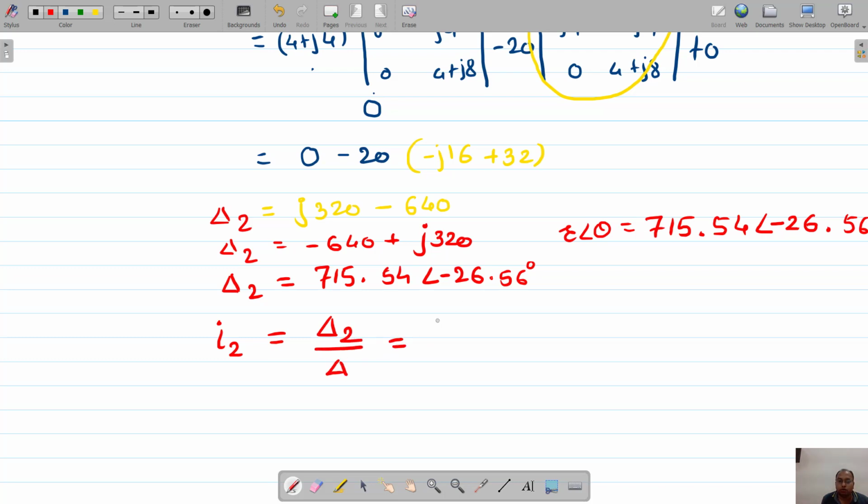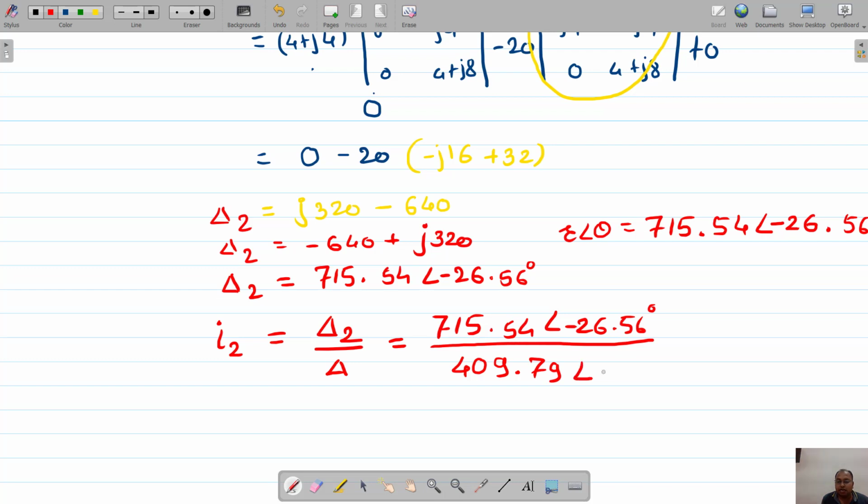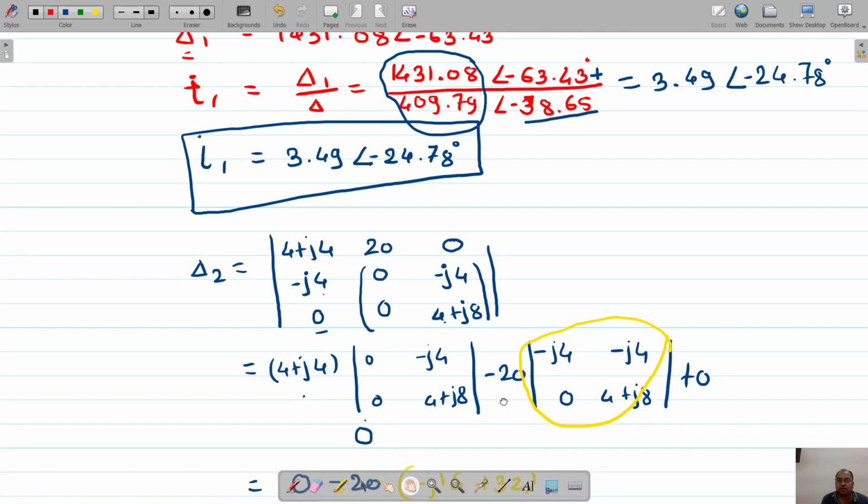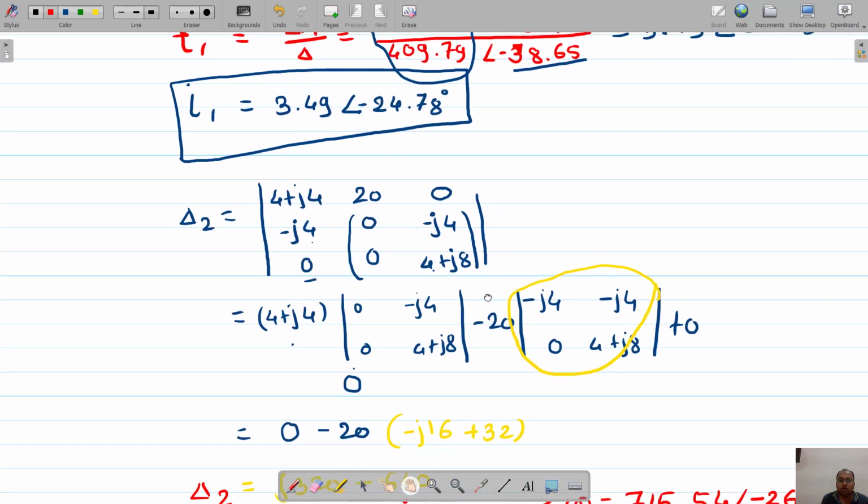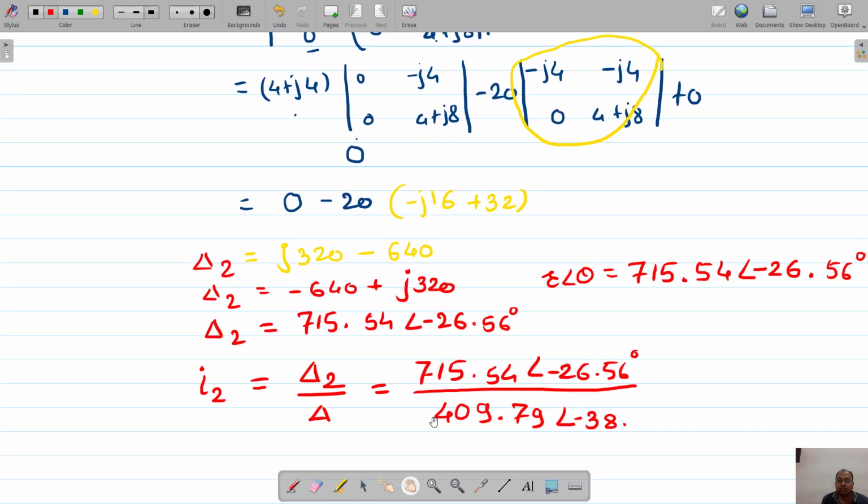Delta 2 has the value 715.54, angle is minus 26.56. Am I right? Divided by 409.79, and the angle was minus 38 point something. Let me check it. It was 65, I think. Yes, so 409.79, angle is minus 38.65.